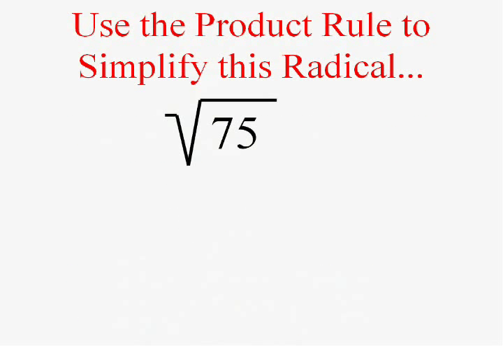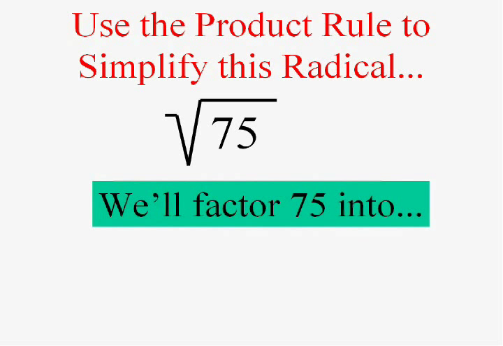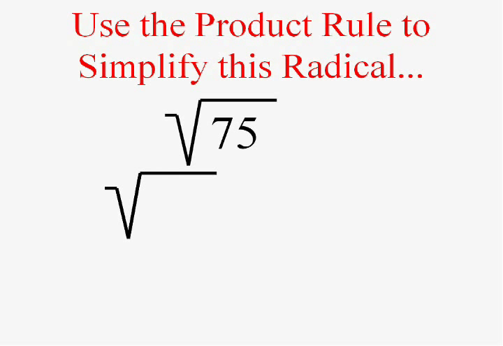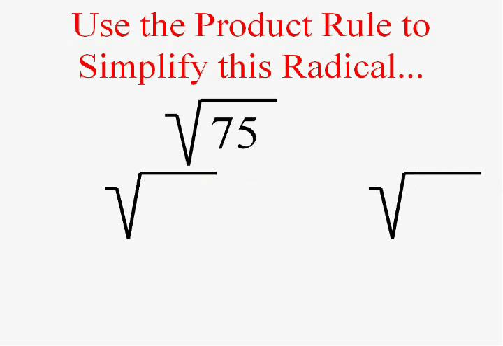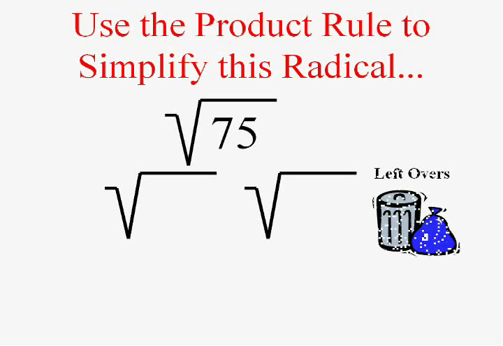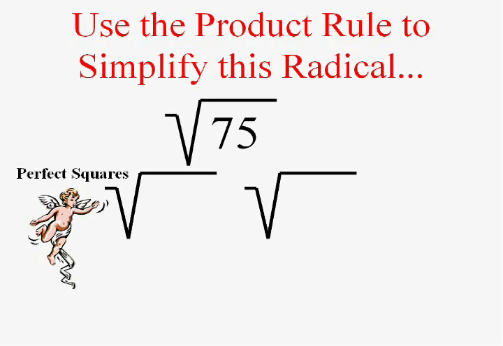Let's do that again. Basically, we're going to do the same thing every time. We're going to break each radical, in this case 75, into the largest perfect square that goes into it times whatever garbage is left over. Now think about it. You got to know your perfect squares. What's the largest perfect square that goes into 75?